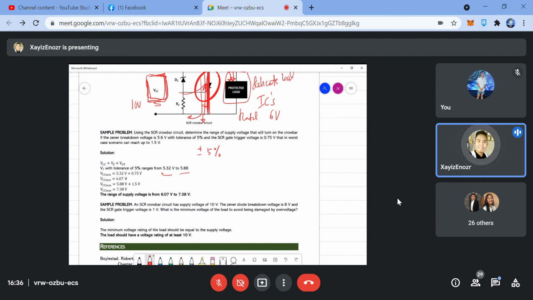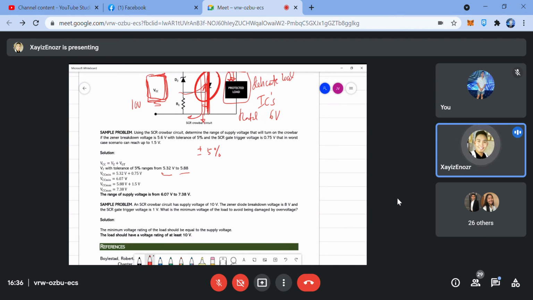Then, yung ating namang SCR, meron siyang gate trigger voltage minimum na 0.75 volts na papalo hanggang 1.5 volts.